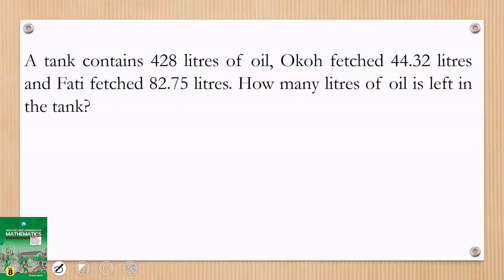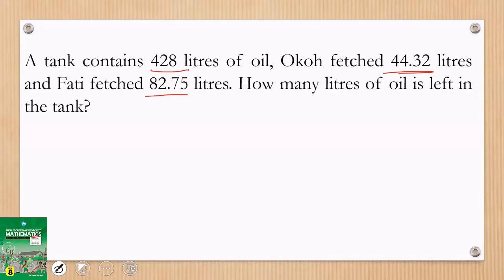Let's say, for example, a tank containing 428 liters of oil. Okun fetched 44.32 liters and Fatih also fetched 82.75 liters. That means they fetched this from the container containing 428 liters of oil.